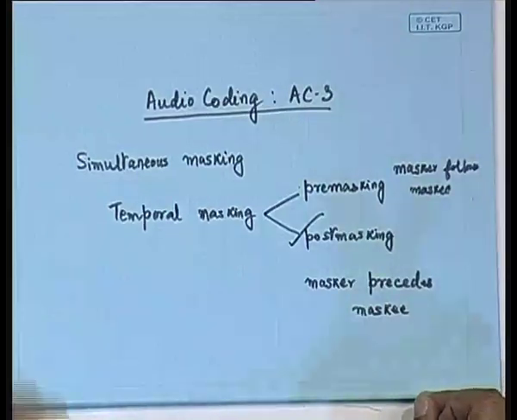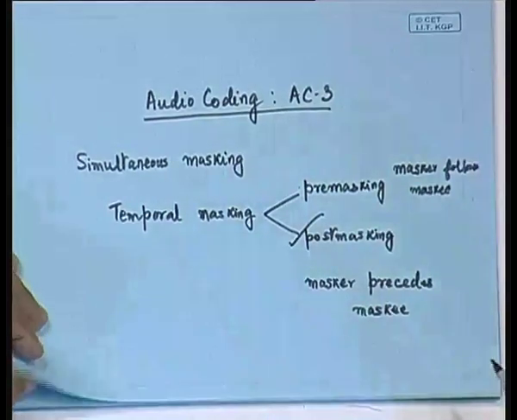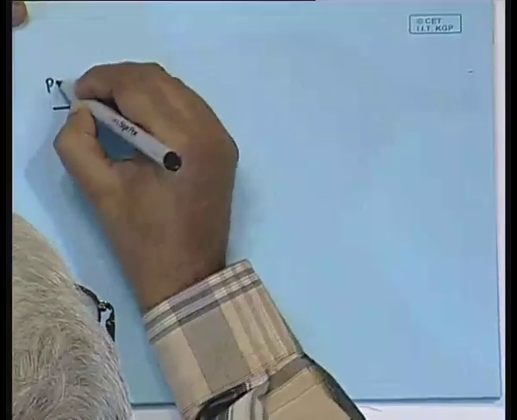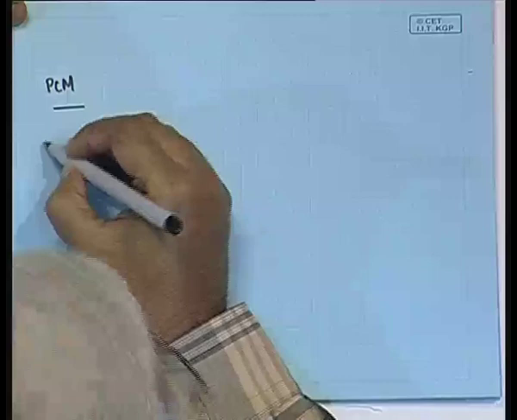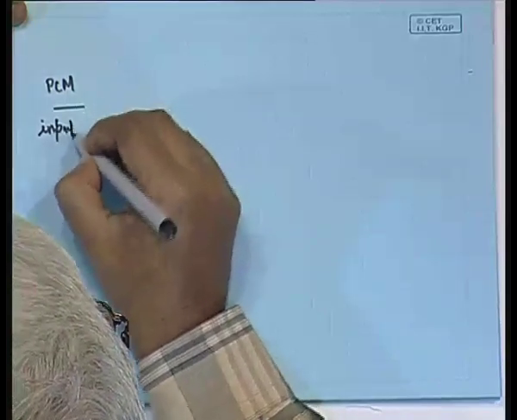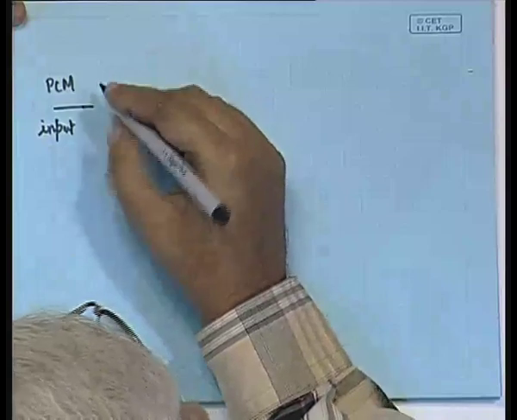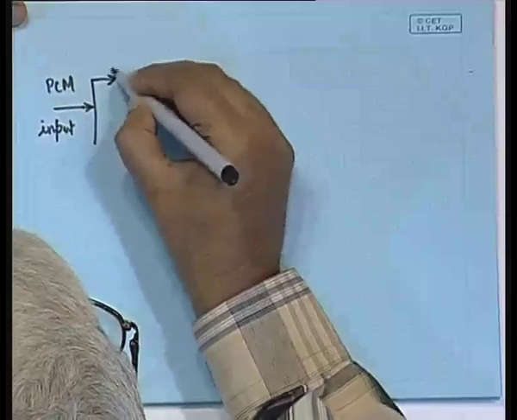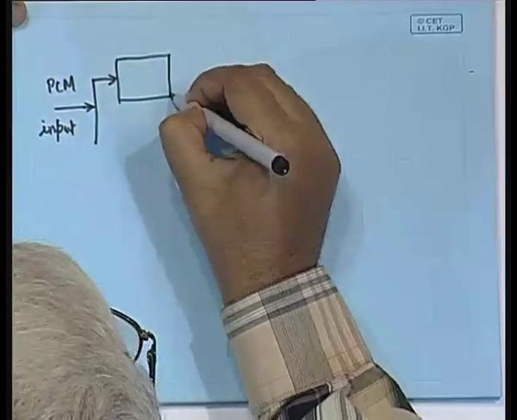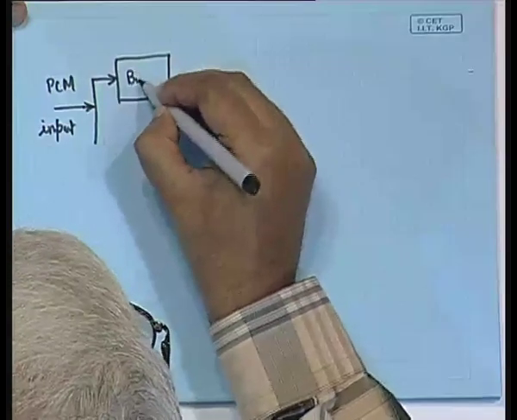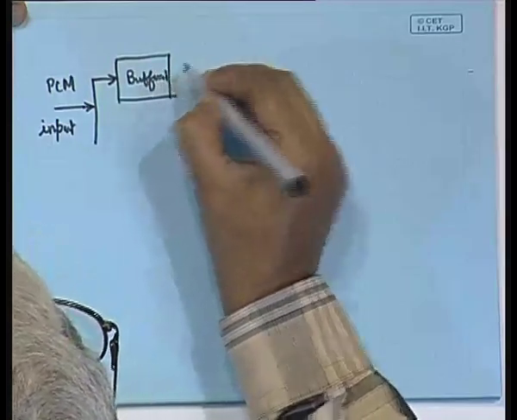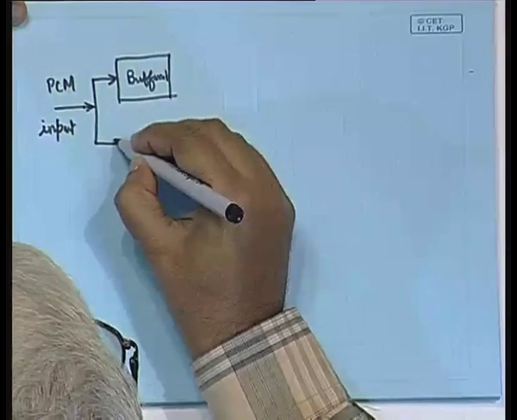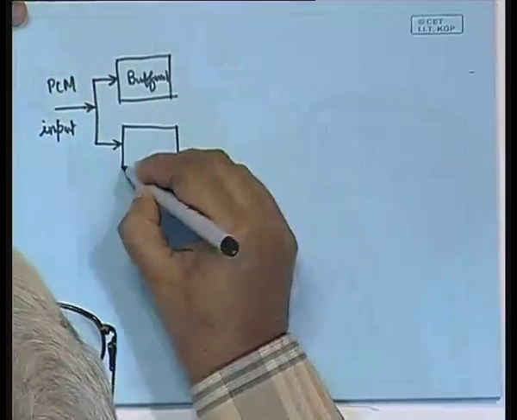And now, let us go over to the general perception based coder. A general perception based coder should look like this: we have the PCM input, the pulse code modulated input of the audio samples. This bifurcates into two parts, one in which it is buffered and the other in which its FFT is taken.